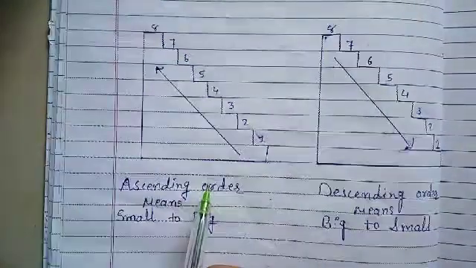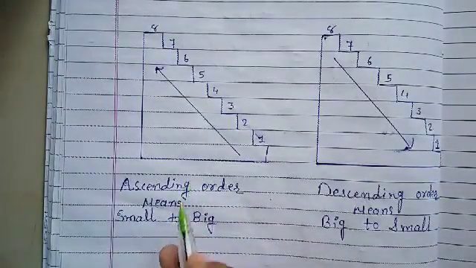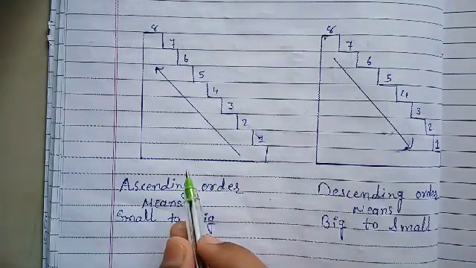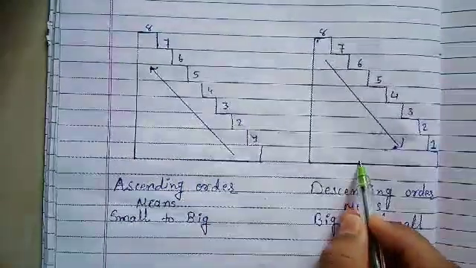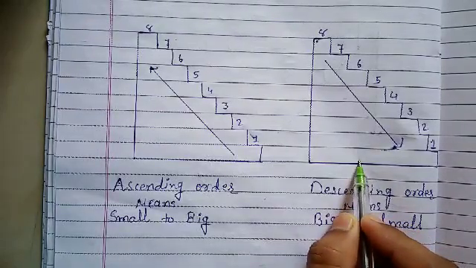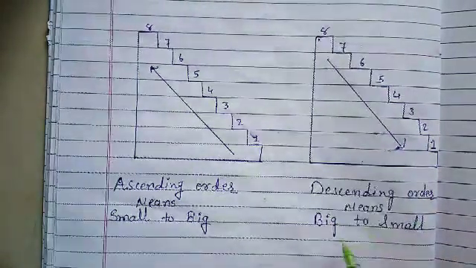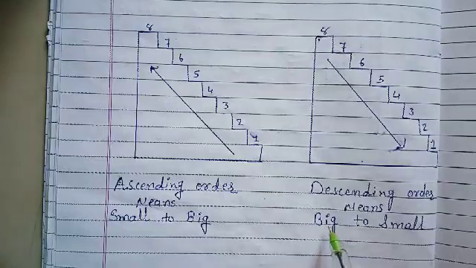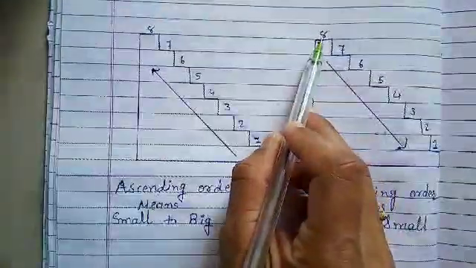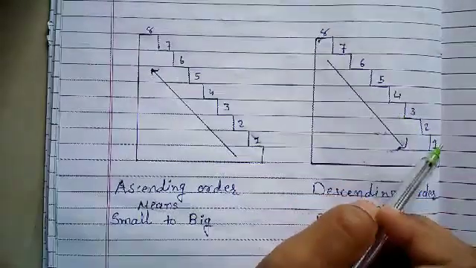So in ascending order we start the number from smaller and we have to stop at the big number. In the same way, this ladder shows the sequence of descending order numbers, right? Descending order means the numbers start from big to small, like this way: 8, 7, 6, 5, 4, 3, 2, 1.